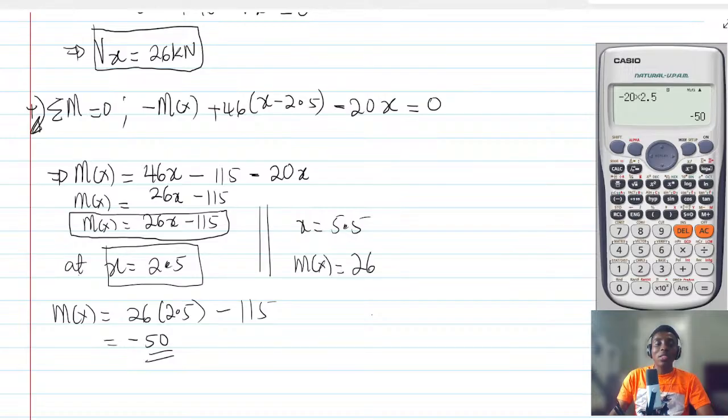So it's going to be 26 multiplied by 5.5 minus 115, and that is 28 kilonewton meter.